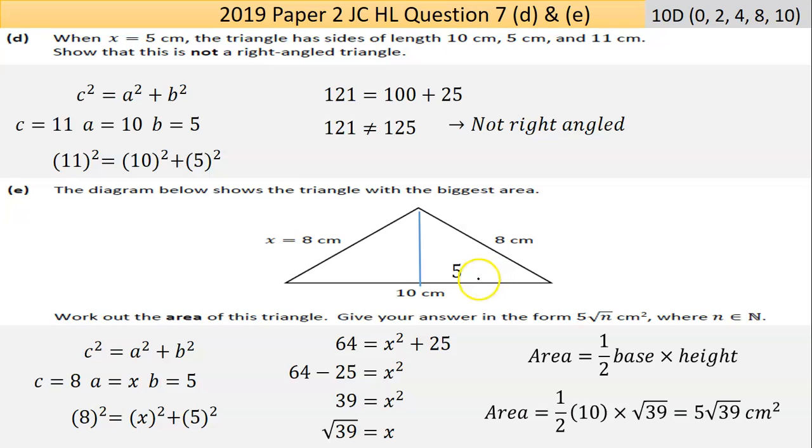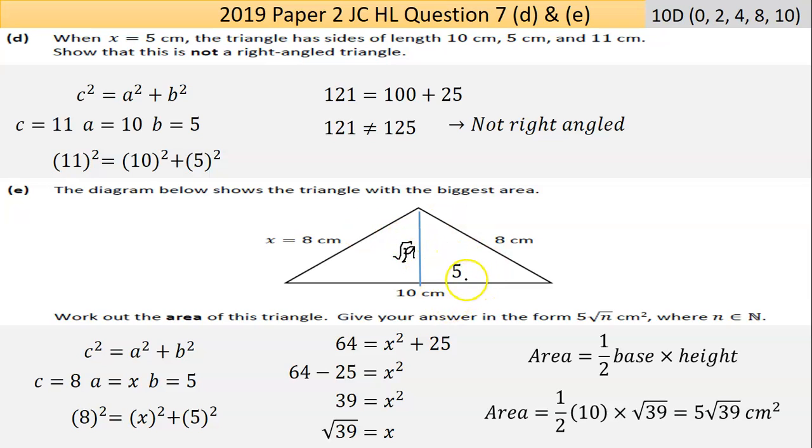So I'm going to use Pythagoras here. This is the halfway point, so it's 5 and 5, and the side here is 8. So I can use Pythagoras to go 8 squared equals something squared plus 5 squared. I've done that over here. I solve it all the way down there, and I get the square root of 39 equals x. Now the area is half base by height. Actually, I'm going to get the area of the full triangle now.